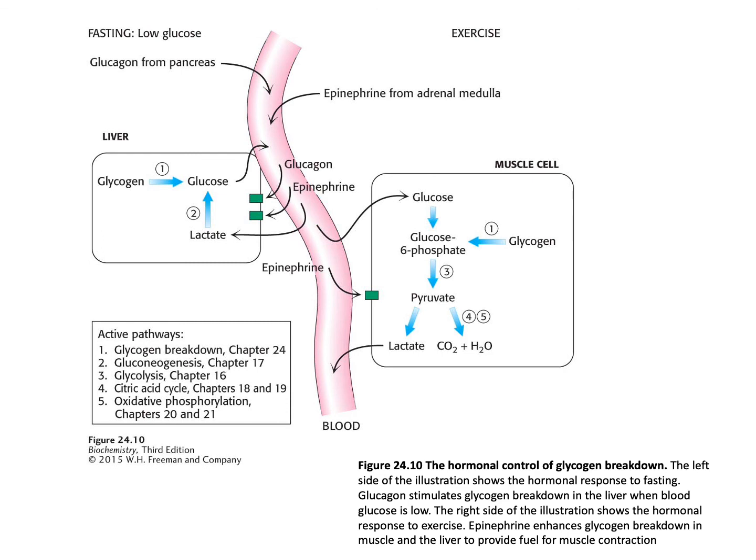When there's no oxygen present, or during intense exercise, pyruvate turns to lactate. When oxygen is present, it is oxidized to carbon dioxide through the citric acid cycle and oxidative phosphorylation, chapters 18, 19, 20, 21.